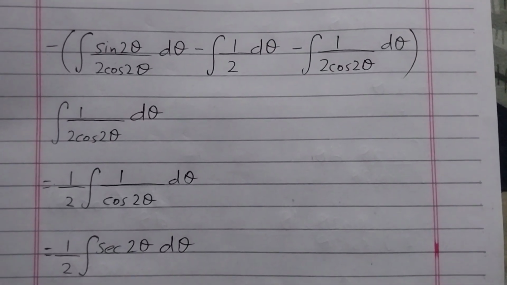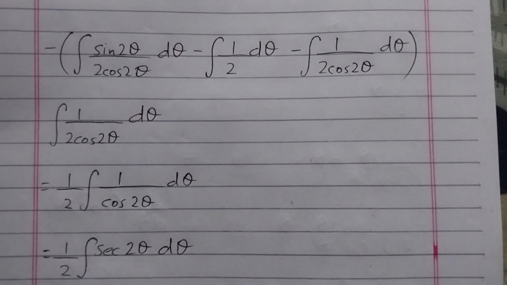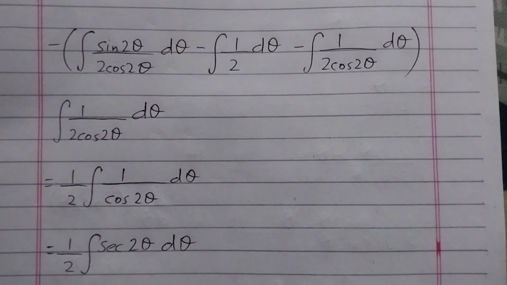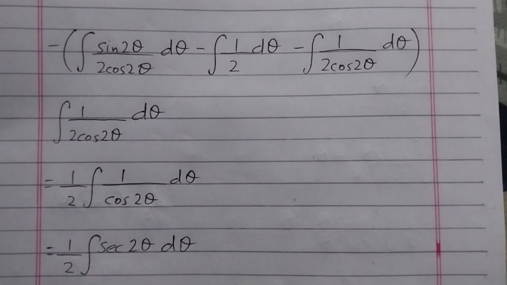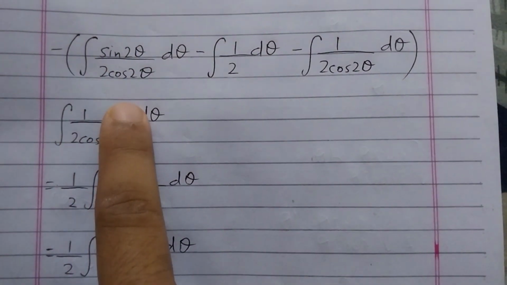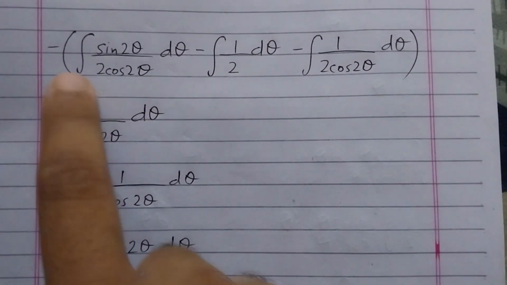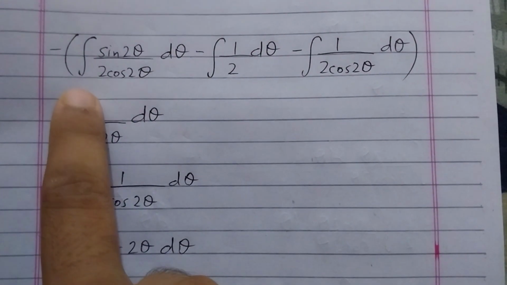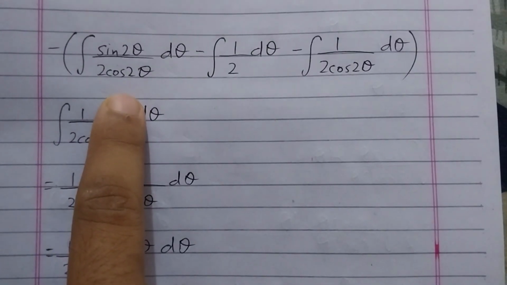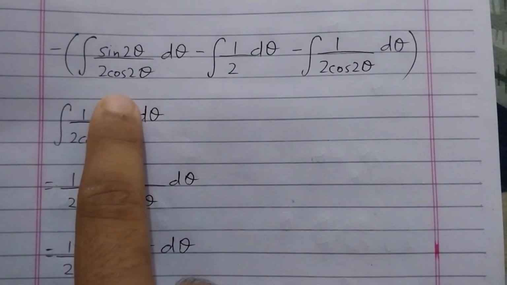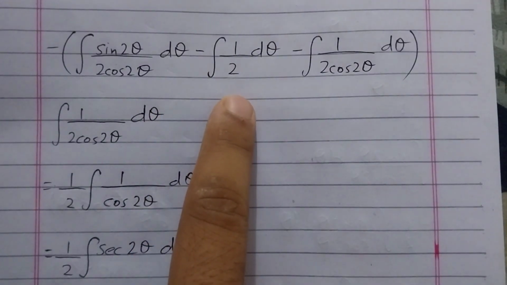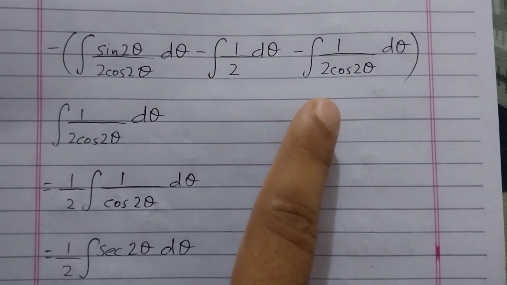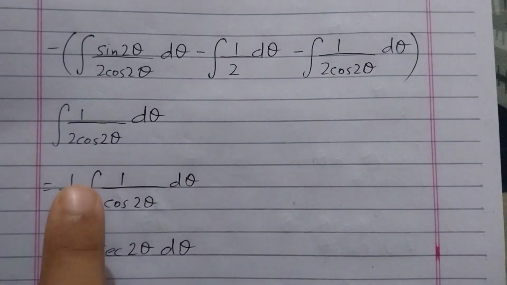So we were integrating 1 over x plus square root 1 minus x square, and this is where we finished last time. We had negative times the integral of sine 2 theta over 2 cos 2 theta, minus the integral of 1 over 2, minus the integral of 1 over 2 cos 2 theta.